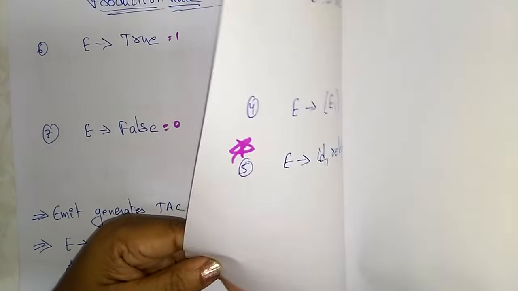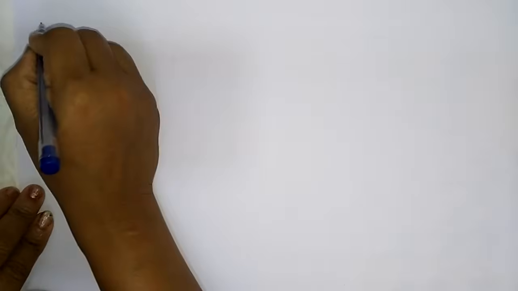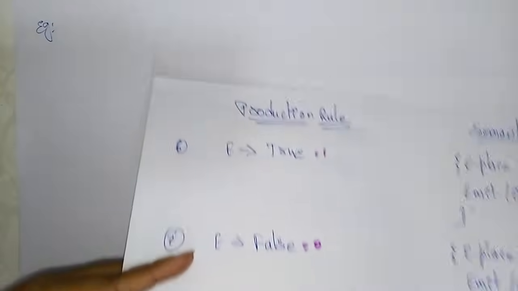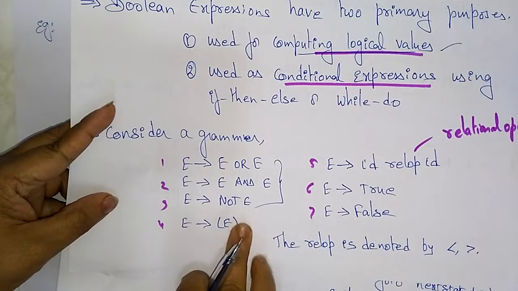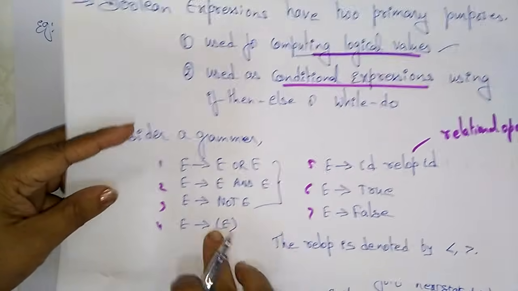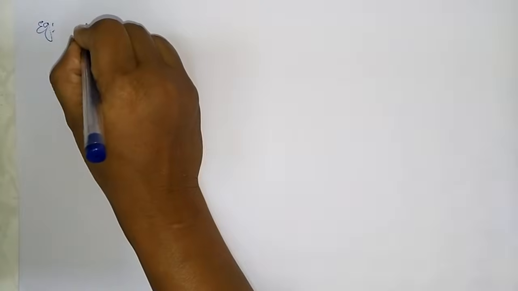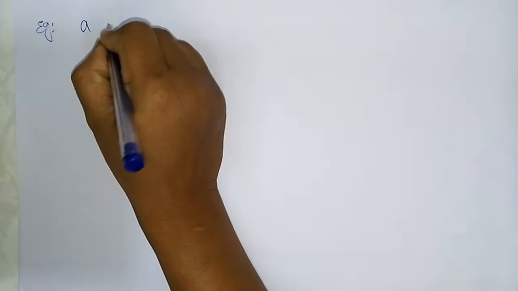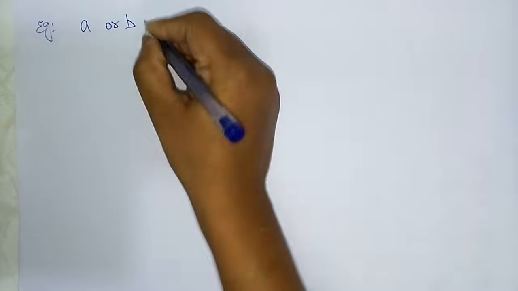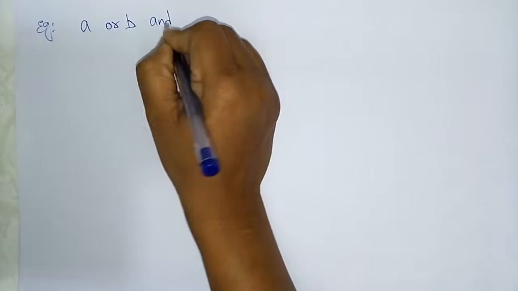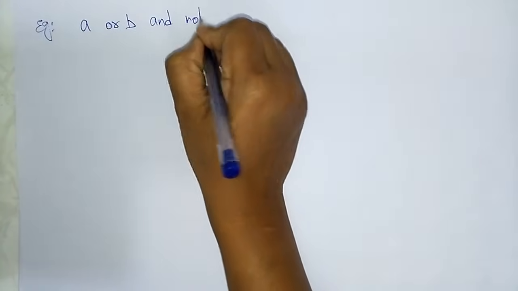So let's take an example, then you'll understand it clearly. First I'm taking an example for these 3 productions, E or E, E and E, and not E. You need to understand the concept, so that's why I'm splitting the productions and explaining with different examples.